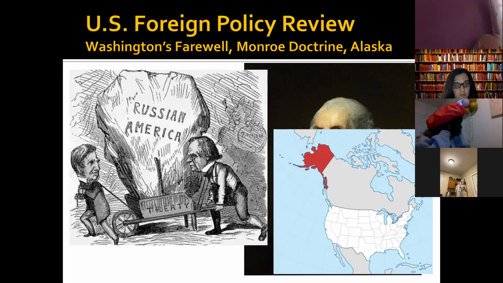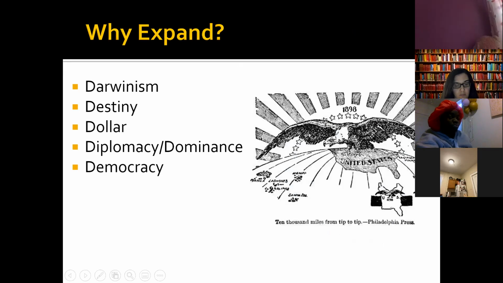And I believe this is something you guys learned with Mr. Quinn last year. I could be wrong. The main motivations for expansion are what are known as the 5 Ds. The first is Darwinism.